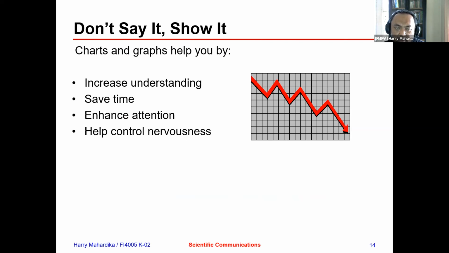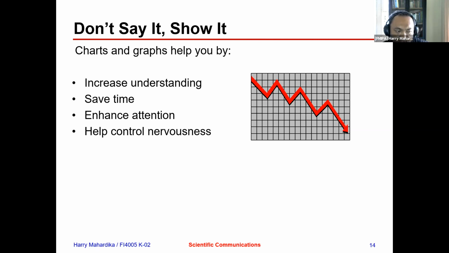By showing it, you still need to explain what the behavior on that chart is. Obviously, you don't say, well, this is the figure of today's stock market, or this is the figure of today's stock price, for example, and then you don't explain anything. So don't be like that.